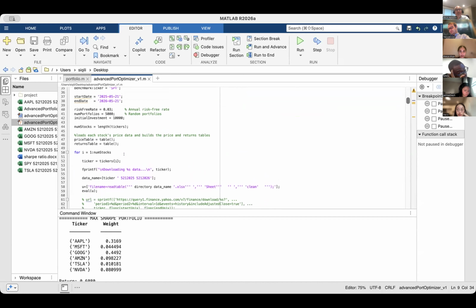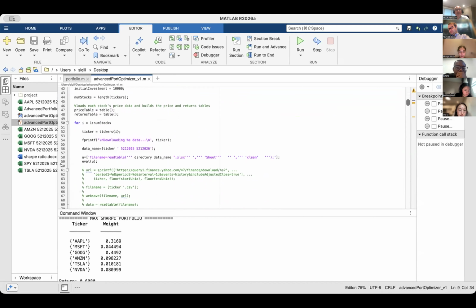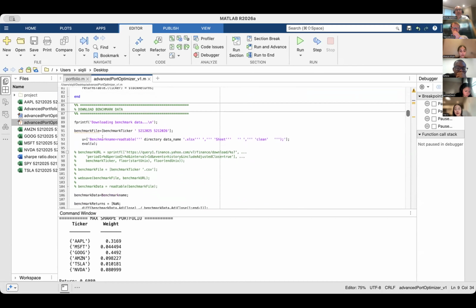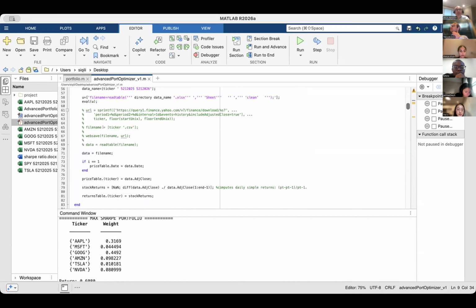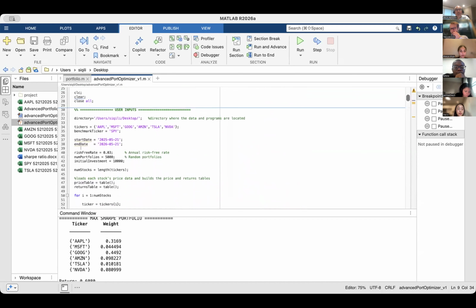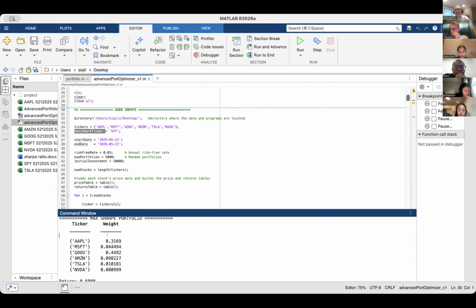Yeah, please continue. Okay, so actually the first 100 lines are about how to import the data, so I will just mention some important variables. The first very important variable is the benchmark ticker, because when calculating the maximum Sharpe ratio, we need a benchmark, which has a risk-free rate.